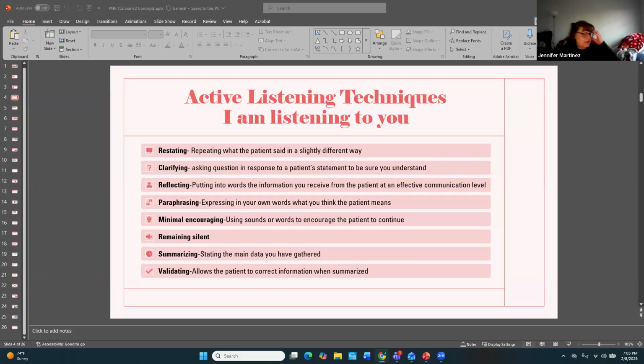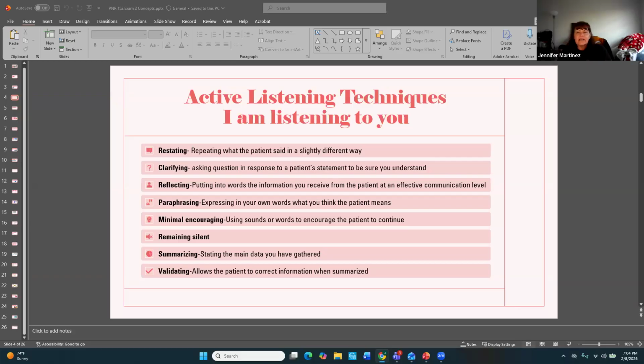So restating is just repeating what the patient said in a slightly different way. I think the book uses the example that if they say that my chest hurts, I can't sleep at night, restating that back to them would be, you've been unable to sleep at night because your chest hurts, right?